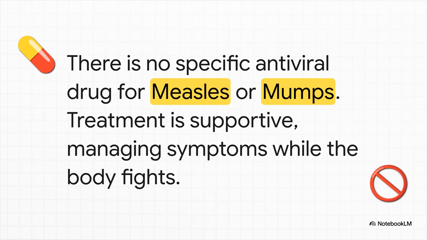Once you are actively infected with measles or mumps, we don't have a magic bullet. There is no specific antiviral drug that can stop them in their tracks. All we can do is provide supportive care, manage the fever, help with the pain, and just hope your body can win the fight. And that is why stopping them before they could even start is so absolutely critical.